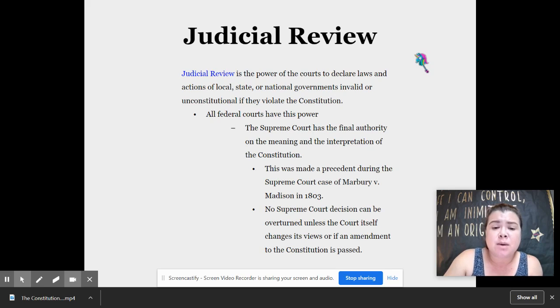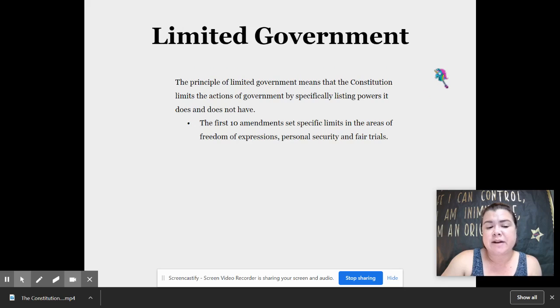So we'll get more into Marbury v. Madison. That is a court case that we will discuss, and just understand that in the scheme of things, judicial review was never really something that was there, but it did end up evolving into that as we got underway as a nation.